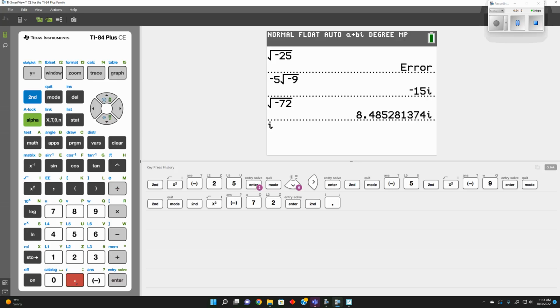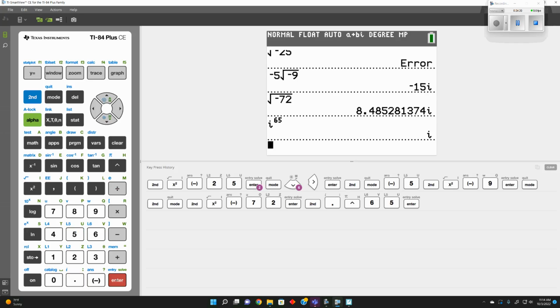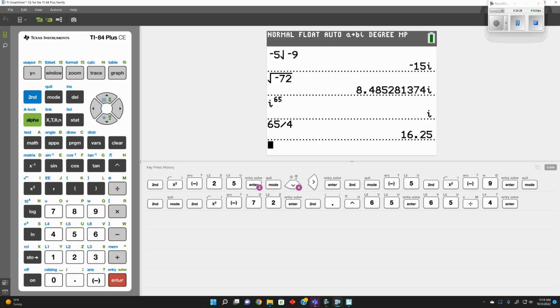And for this next one here, we're taking i to the 65th power, yes? And it is i. What we could have done is taken 65 divided by 4, guys, which gives us 16.25. And our 0.25 corresponds to i.